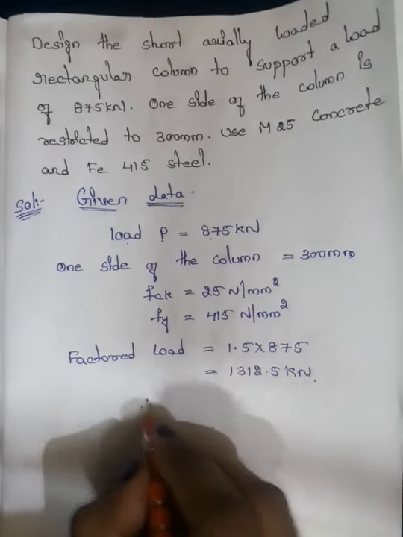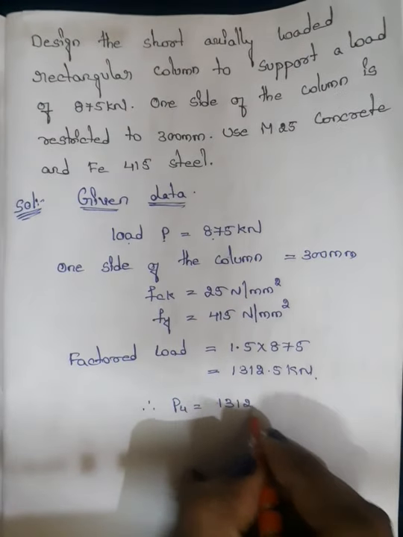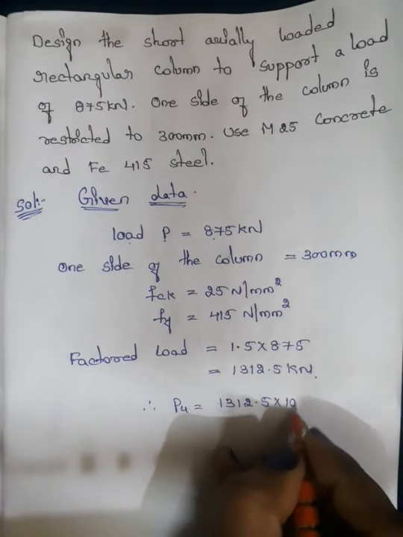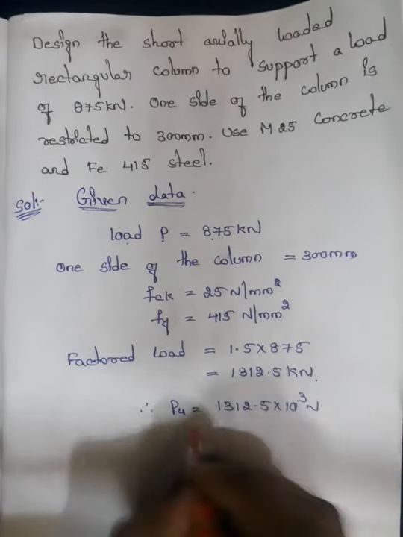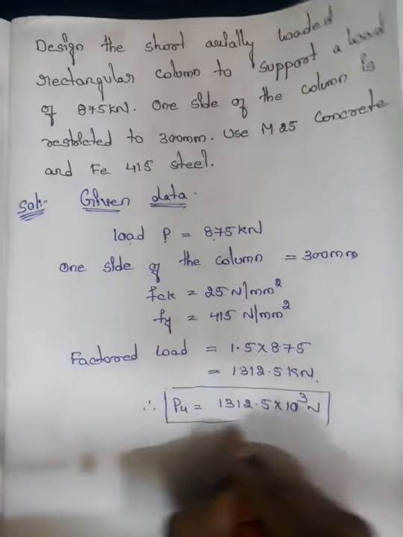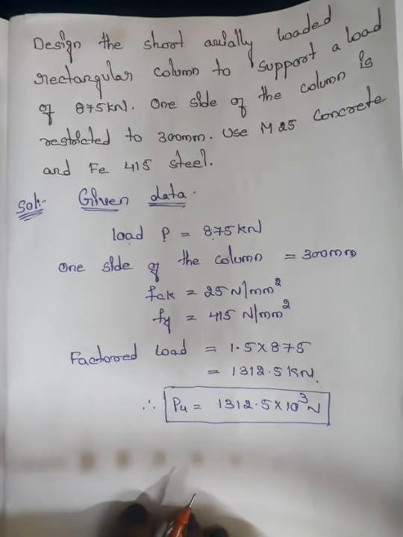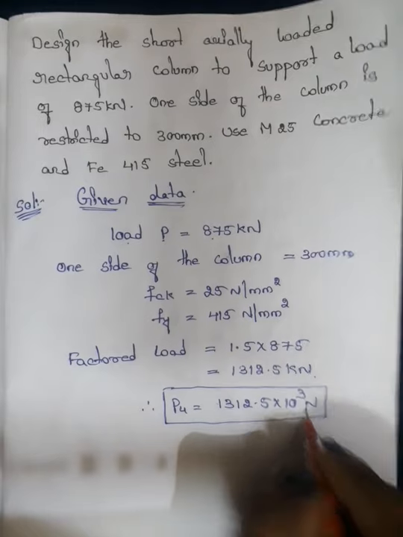Therefore Pu is equal to 1312.5 into 10 cube Newton. So in newtons it is 1312.5 into 10 cube.